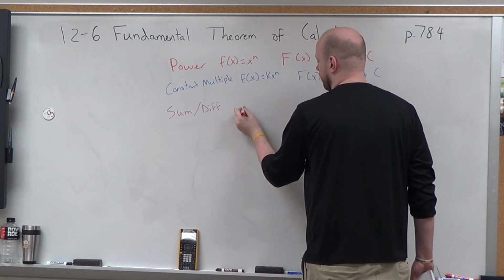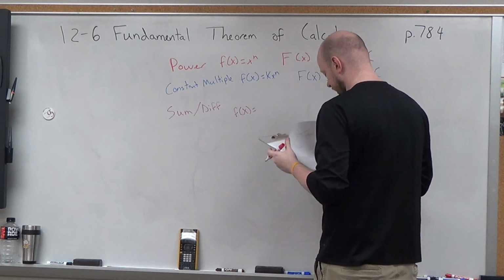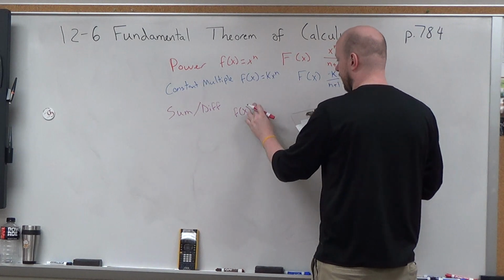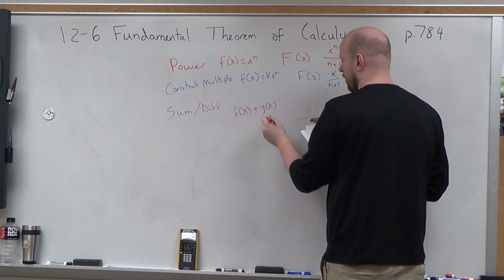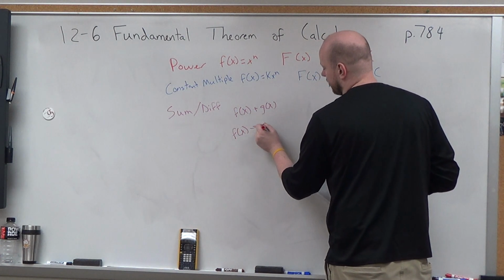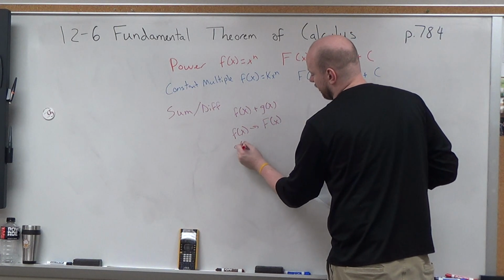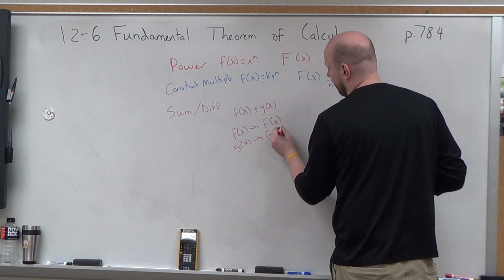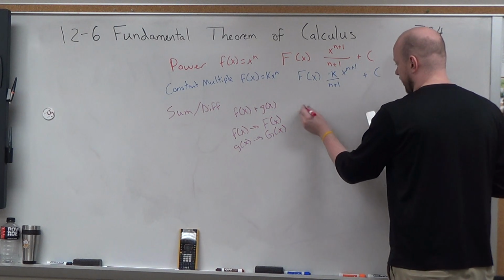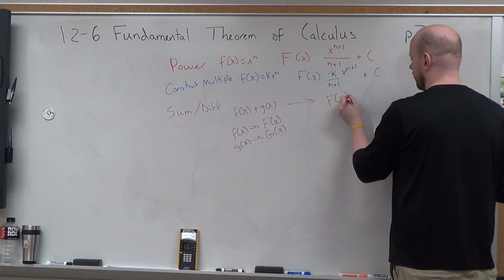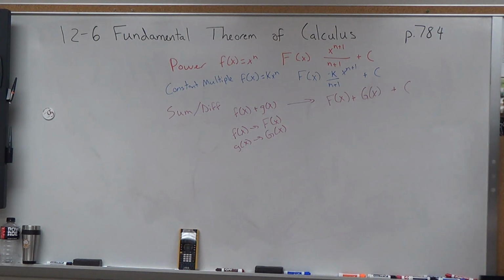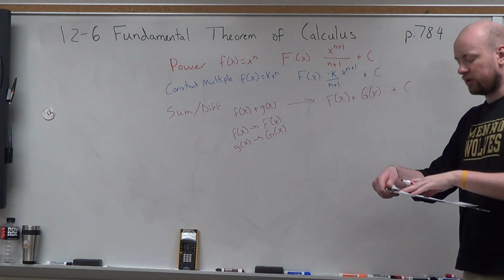So let's say if I have f of x plus g of x, and I know that the antiderivative of f of x is big F of x, and the antiderivative of g of x is big G of x, then if I just find them both individually, I would just get big F of x plus big G of x, as you guessed it, plus C. If I can do my antiderivatives of each individual one, just do that.